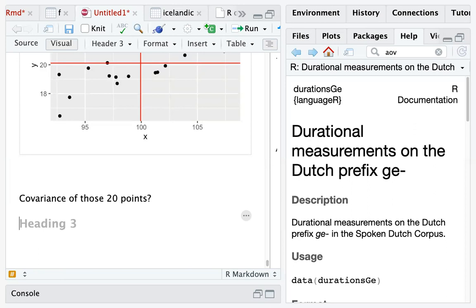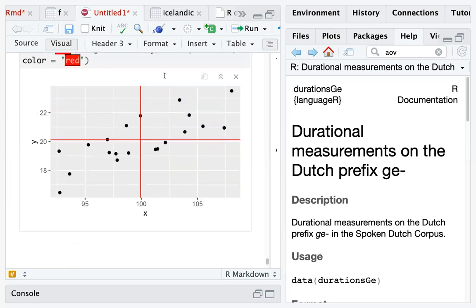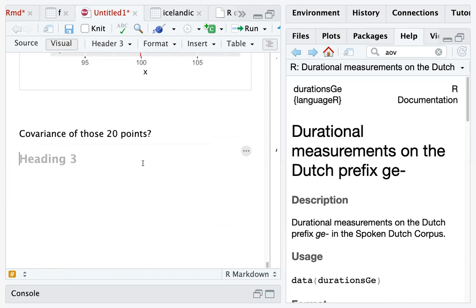Before defining the covariance of this set of points, let me recall what was the covariance of two random variables.